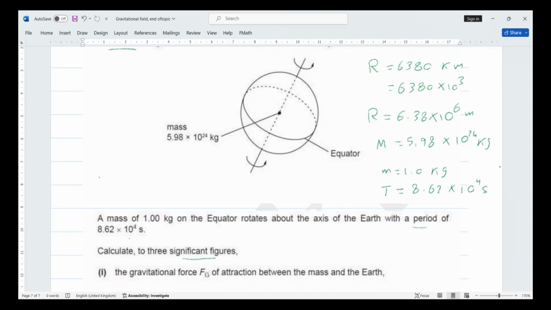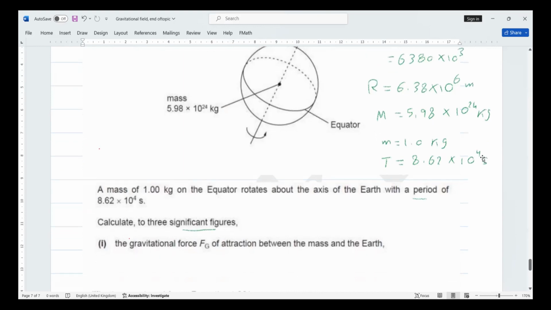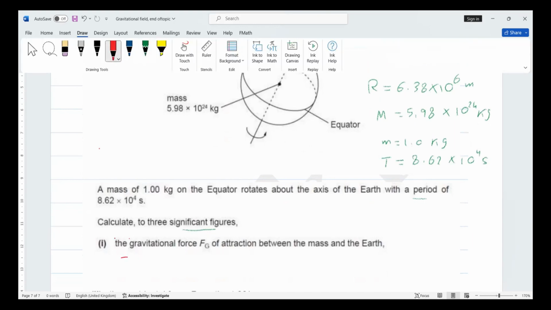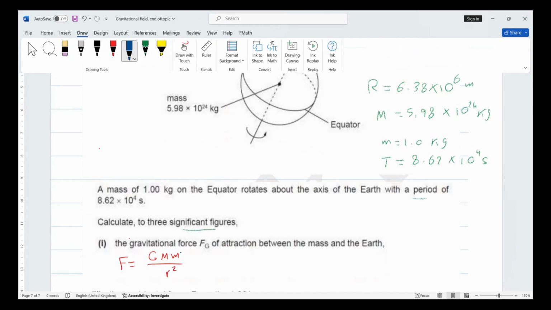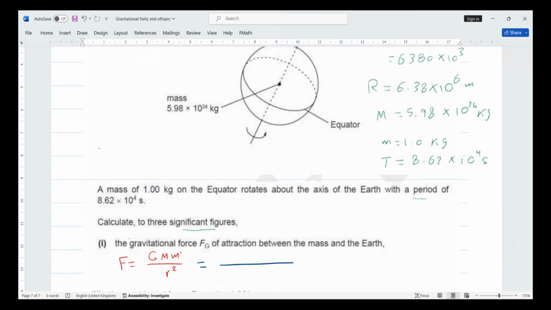This mass is on the surface. Then we use the formula: F equals G M capital M small over R squared. G is the constant, 6.67 times 10 power negative 11. M capital is the mass of the Earth, 5.98 multiply 10 power 24.